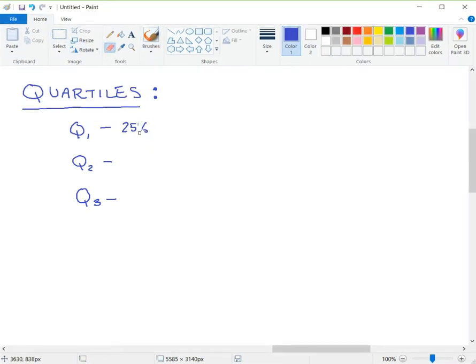Don't want to think it's a percentage. 25th percentile. Q2 is the 50th percentile, but it's also the median of the data. And Q3 is the 75th percentile.